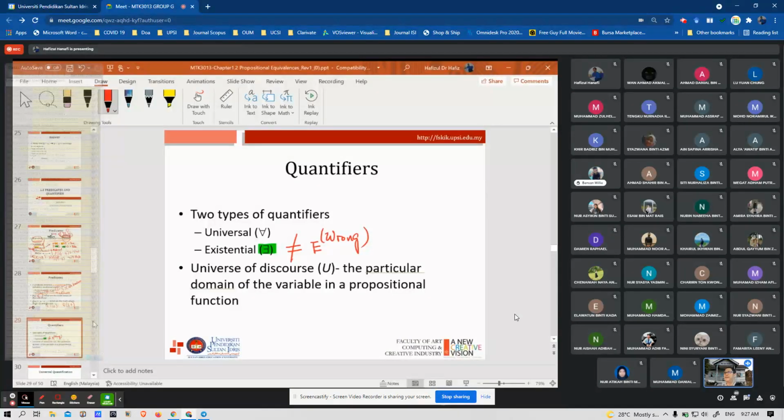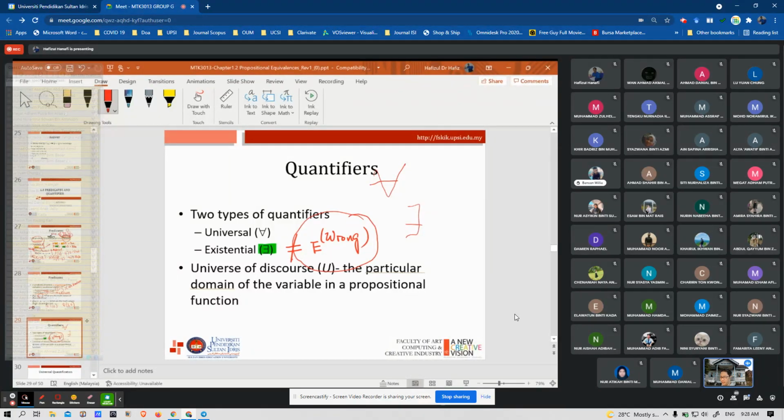Okay, quantifier. There are two types of quantifier. We have the universal quantifier, like this, and then you have the existential quantifier. Some of the internet references refer to the E, but that is wrong. Then you have the universe of discourse, the particular domain of the variable in the propositional function.